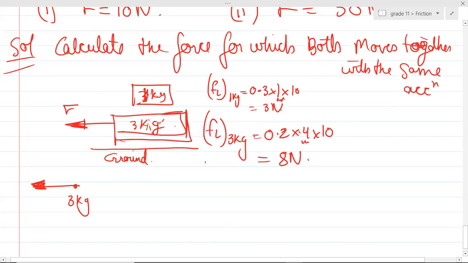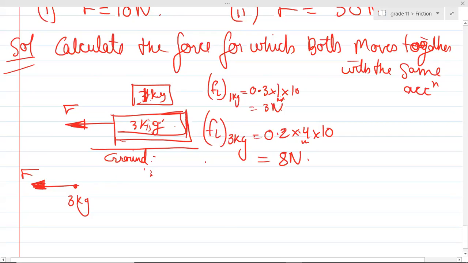So 3 kg and this is the value F. Now, when this 3 kg is trying to move towards left with respect to 1 kg and with respect to ground, can you tell me what will be the direction of friction due to this and this on this?